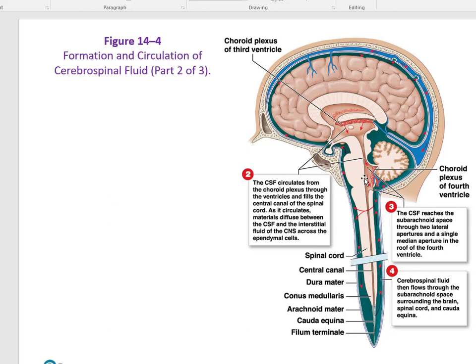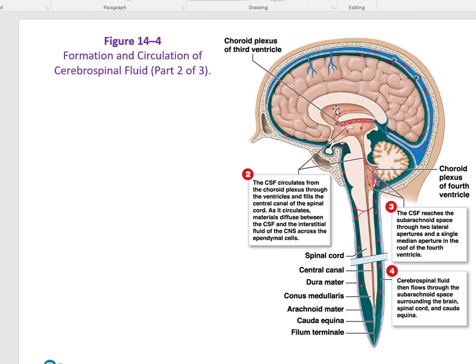You make a fair amount of cerebral spinal fluid, and if we never returned it to general circulation, we would basically get water on the brain, because our brain doesn't let everything and anything cross back and forth. We have something called a blood-brain barrier.